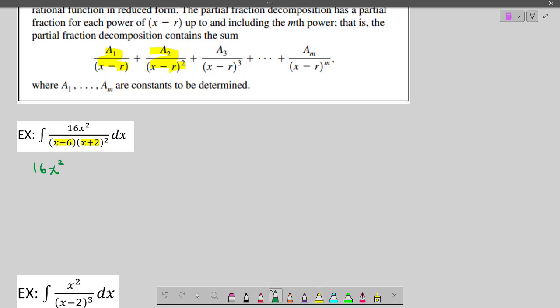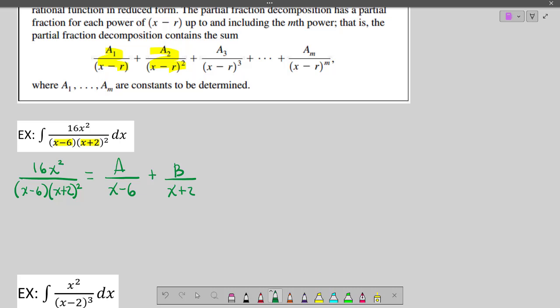So the form will be this. Certainly we have the a over x minus 6. That's a linear factor. Anytime we have a linear factor, the numerator is always a constant, even if that linear factor is repeated. So now we need a partial fraction for each power of that repeated factor.